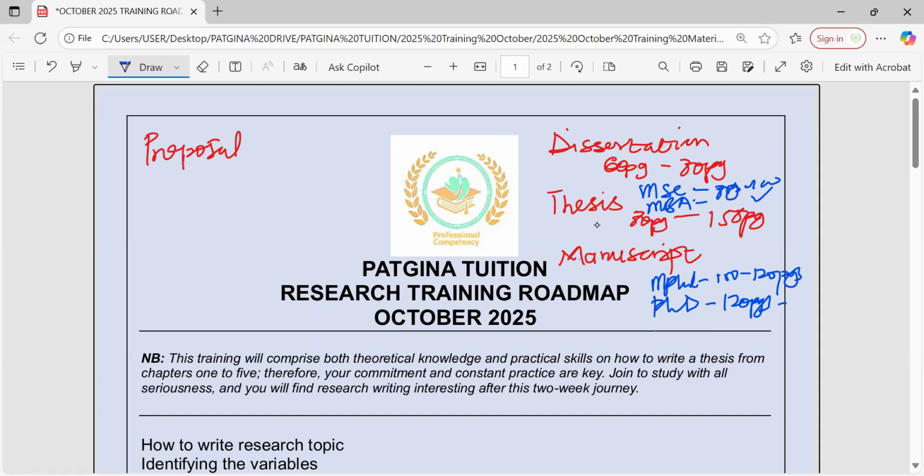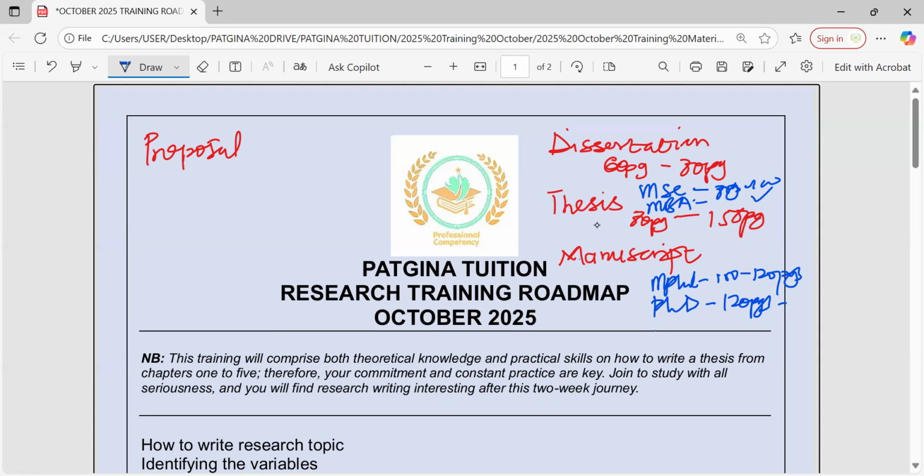And in fact, even in the same school, every department might have different structure. Make sure you follow the structure strictly. You follow it the same way the department has given you, or the faculty has given you, or the school has given you.